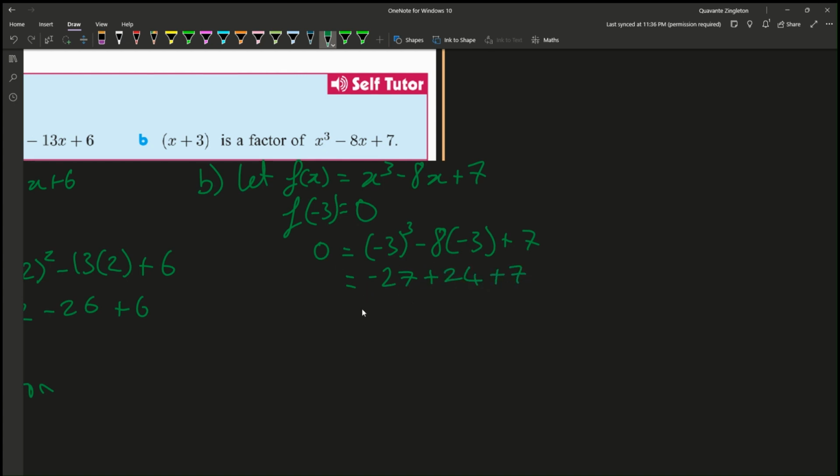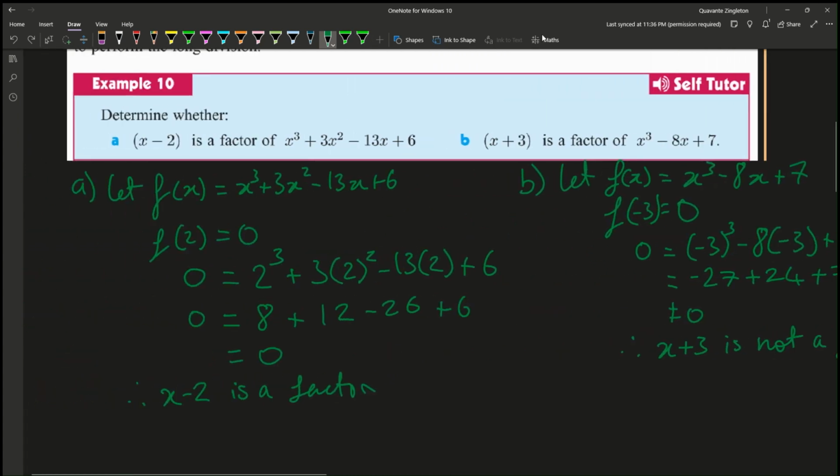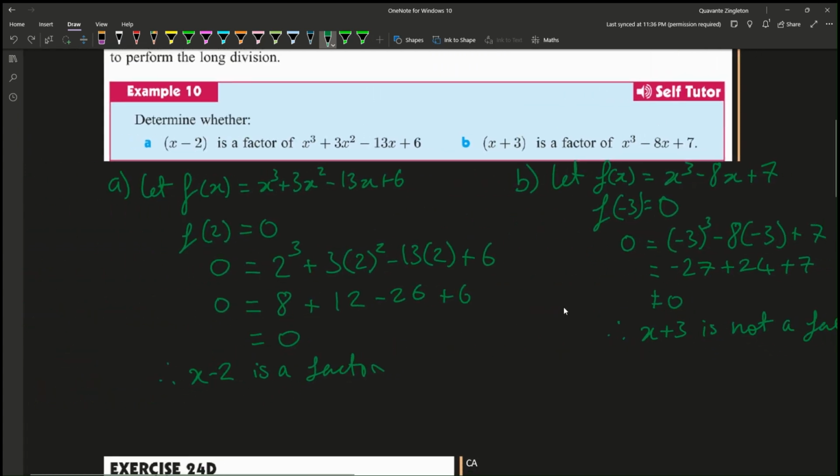I can already see this does not equal 0. Therefore, x plus 3 is not a factor. That should be the answers, and that should give you full marks.